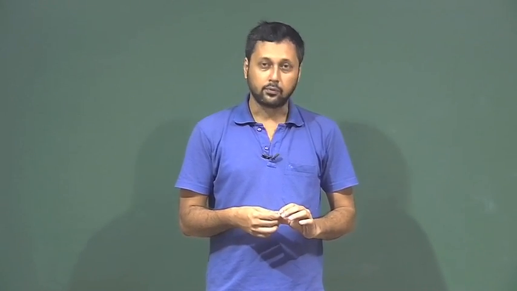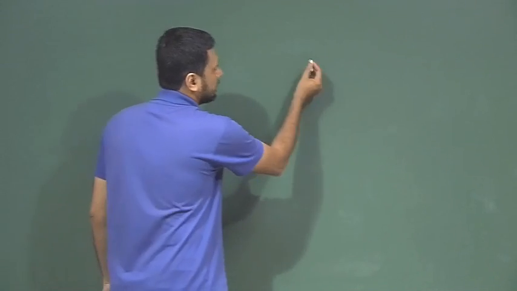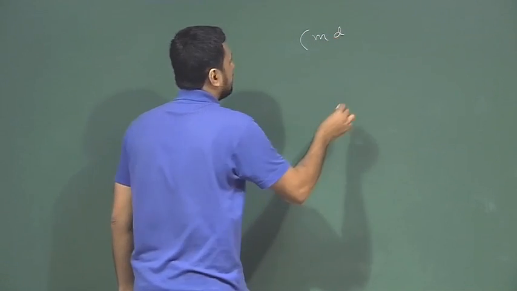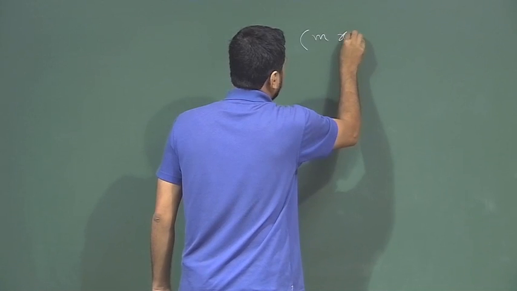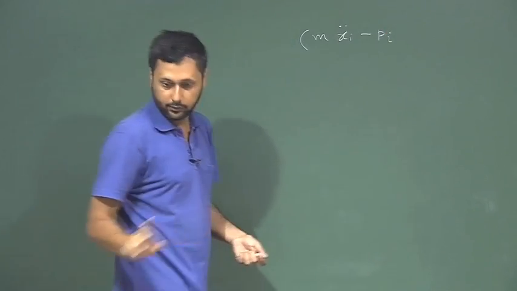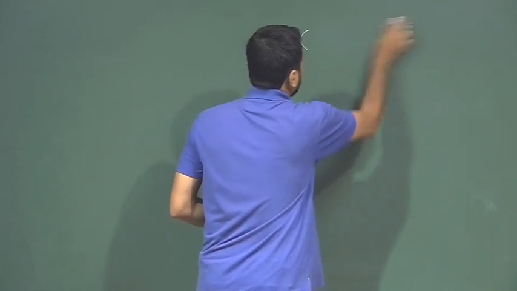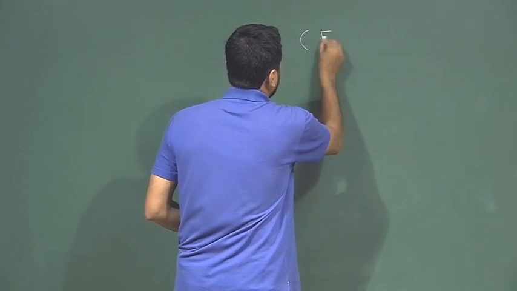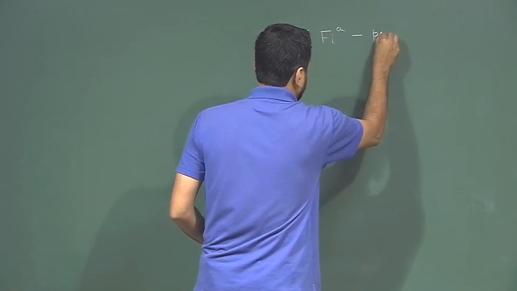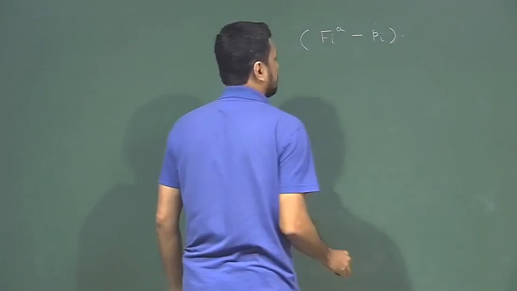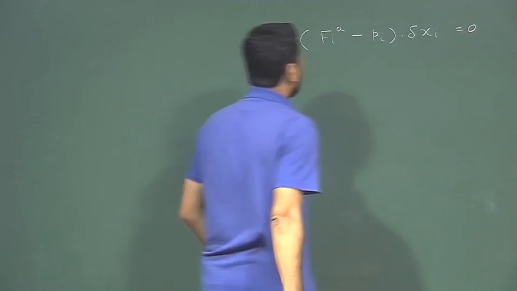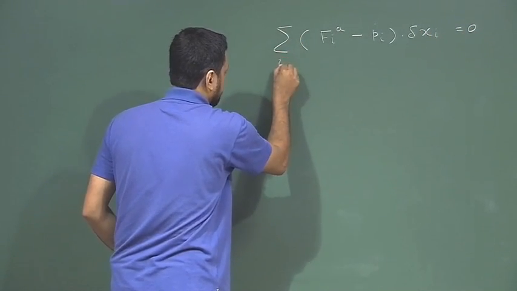And so, what we can do is try to express D'Alembert's principle, which is given as m x_i double dot minus, sorry, my mistake, which is given by F_i applied minus p_i dot, into delta x_i equal to 0, and of course, there is a summation over i.